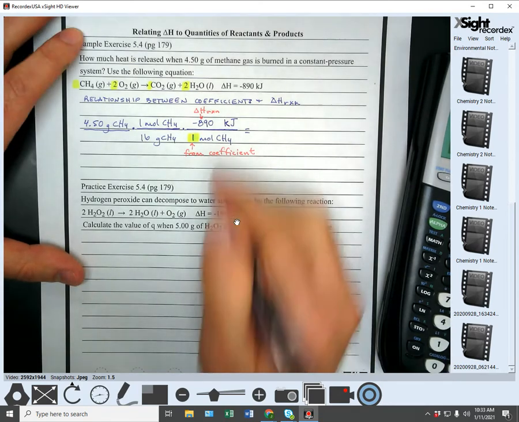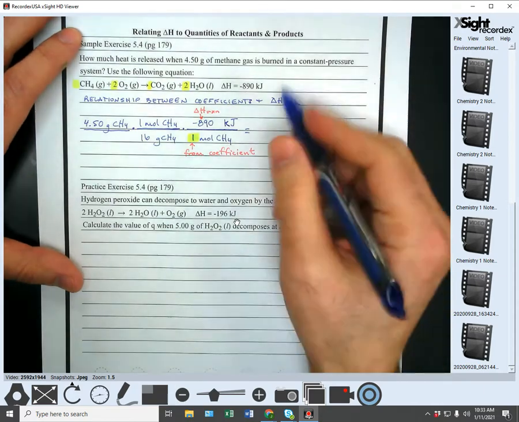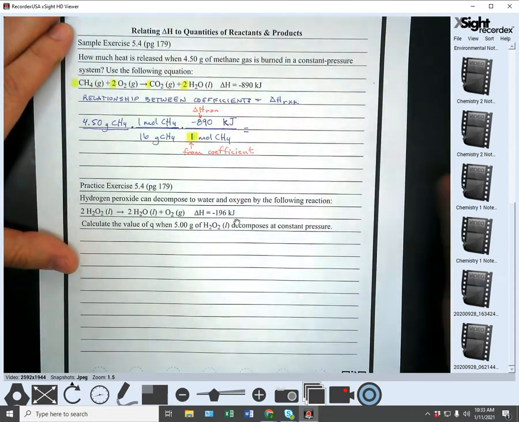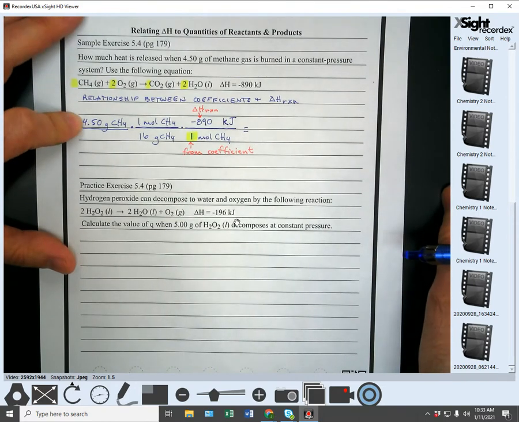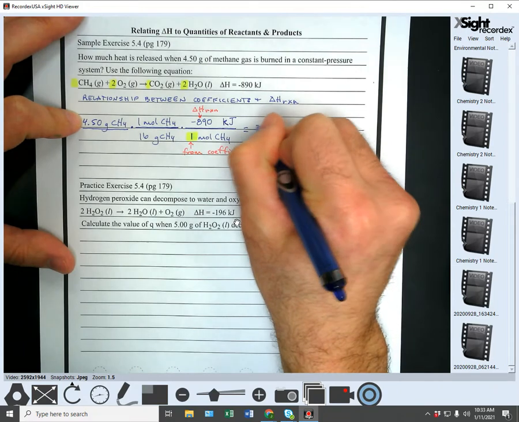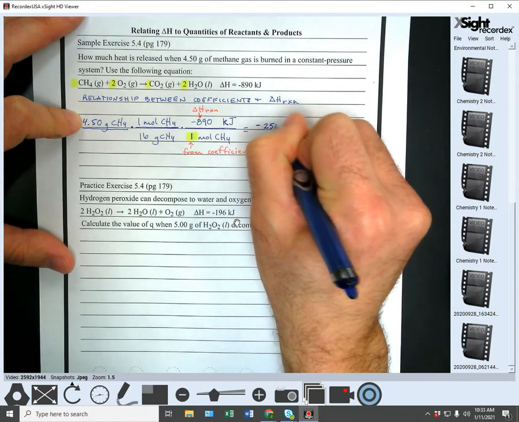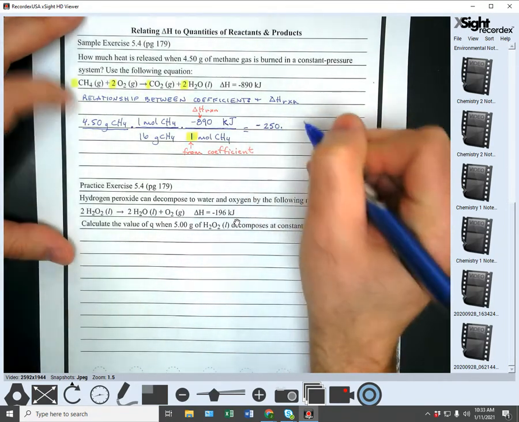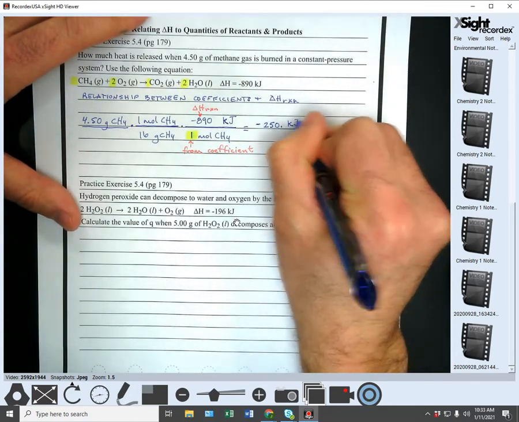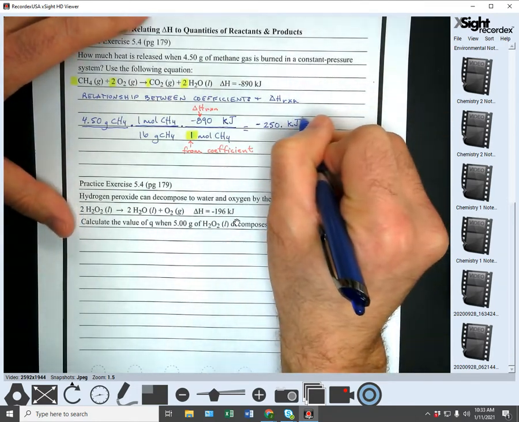And we get, so three significant figures would be negative 250 with a decimal point, nothing after it, kilojoules. Okay, and that would be your answer.